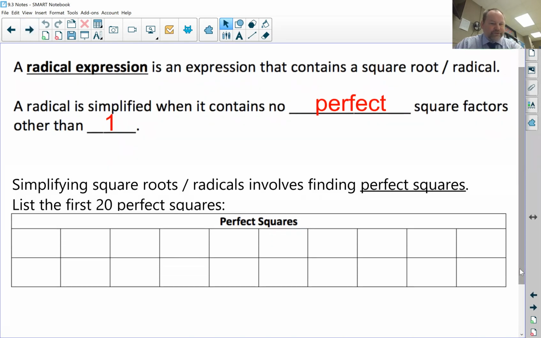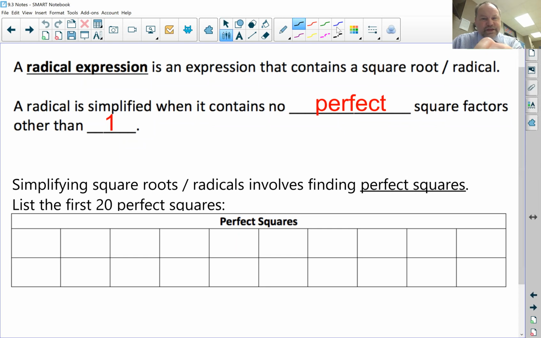So we're going to list the first 20 perfect squares in this table so that you can refer to them.